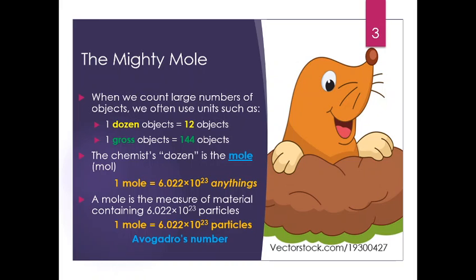And so the mole represents 6.022 times 10 to the 23 anythings. And by anythings, I mean I do not care what the thing is. If you have a mole of particles, you have 6.022 times 10 to the 23 particles. You have a mole of atoms, you have 6.022 times 10 to the 23 atoms.